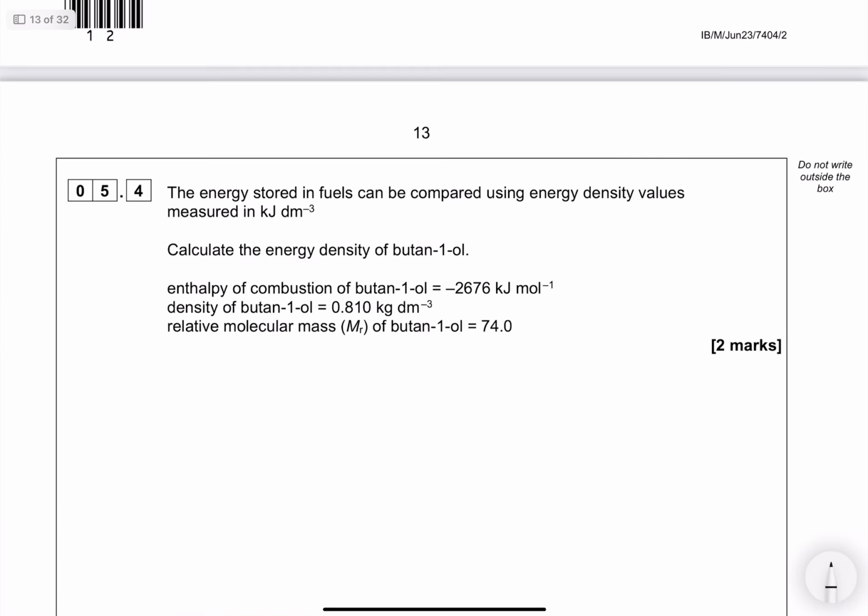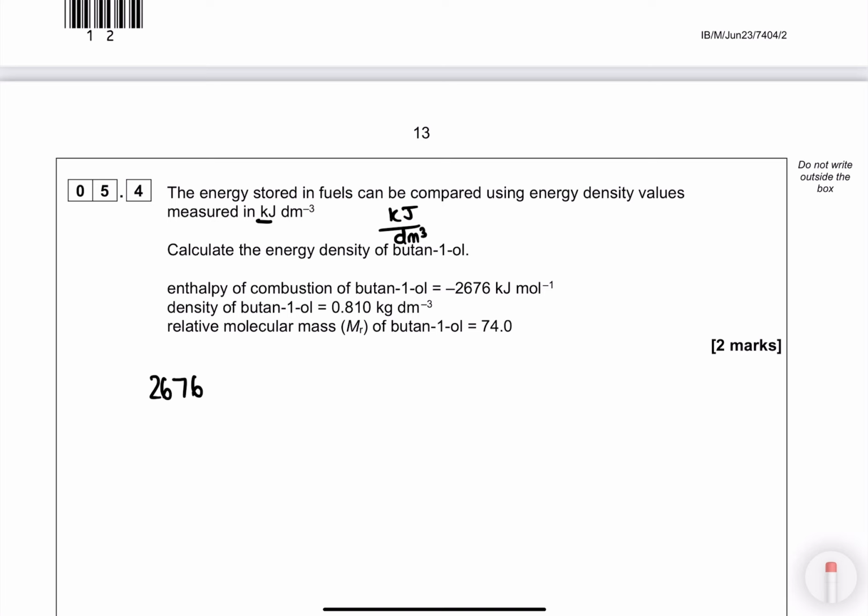The energy stored in fuels can be compared using energy density values measured in kilojoules per decimeter cubed, so kilojoules divided by decimeters cubed. Calculate the energy density of butan-1-ol. The enthalpy of combustion of butan-1-ol is minus 2,676.